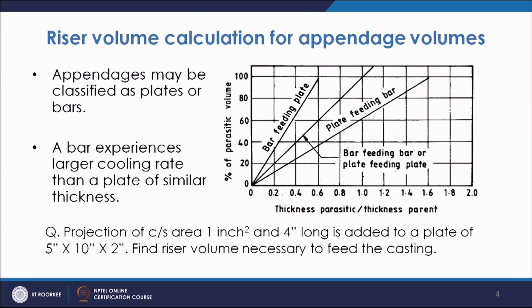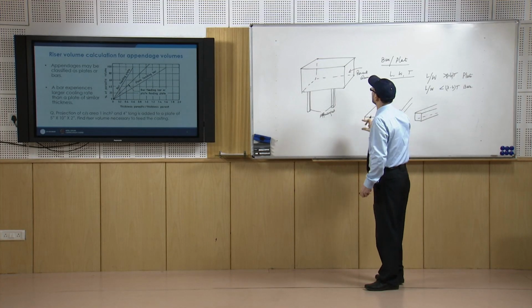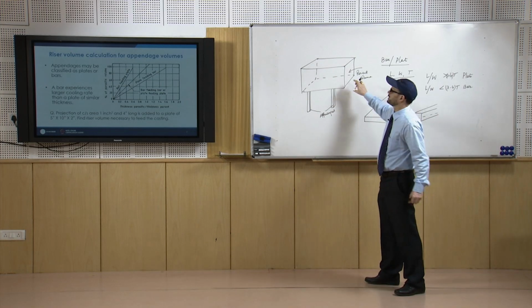Now, how to calculate the riser volume which will be enough to feed these appendage volumes? For that you have been given this graph. What this graph tells is that you are given a parent casting and this one is the parasitic volume. First of all you calculate the riser volume necessary for this parent casting.